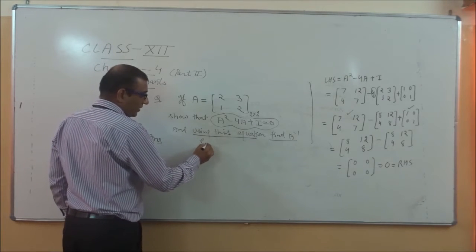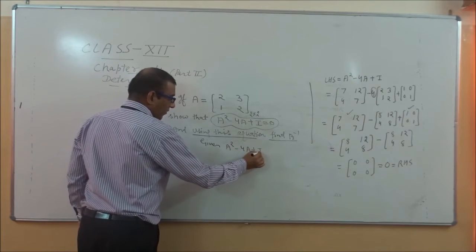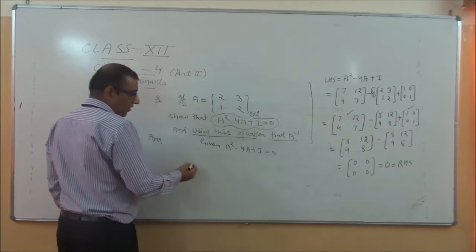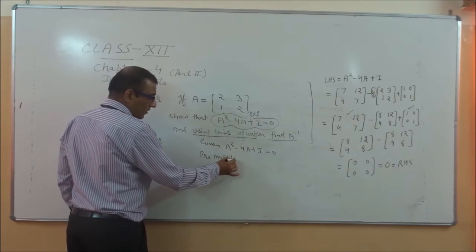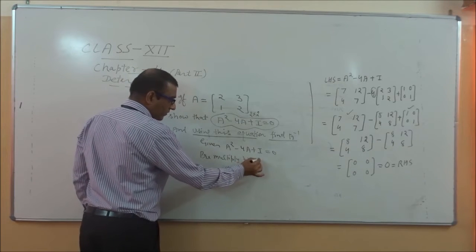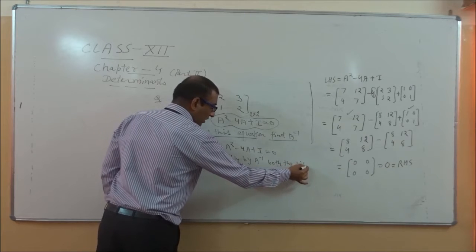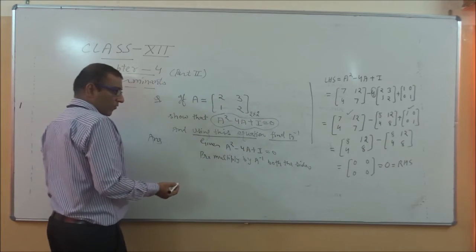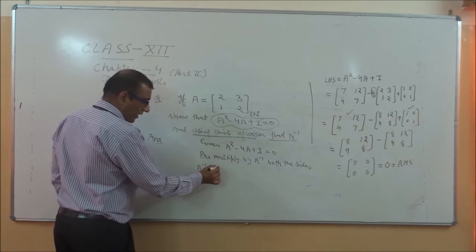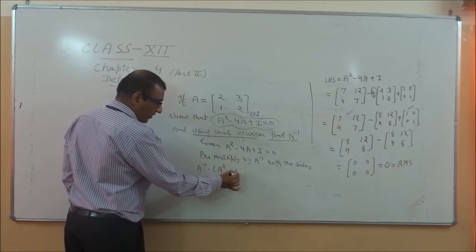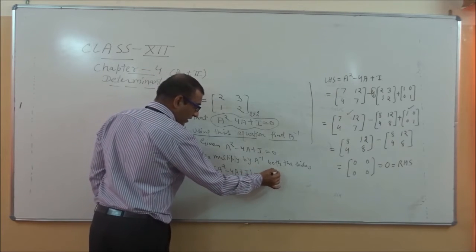So first we will write A square minus 4A plus I equals 0. Pre-multiply by A inverse both the sides. If you want to multiply by post, it is also possible. So pre-multiplication means A inverse multiplied by the whole equation, same in the right hand side, A inverse multiplied by 0.